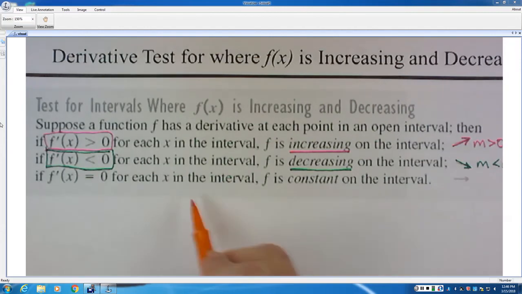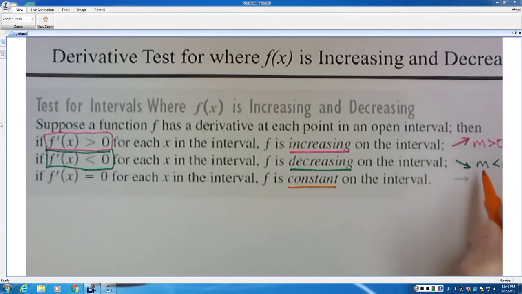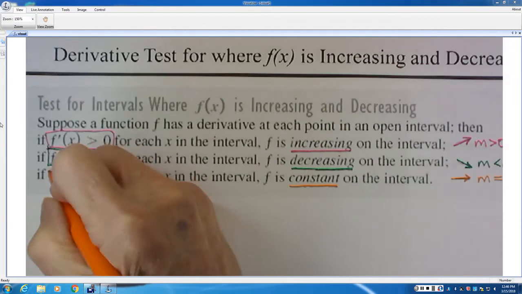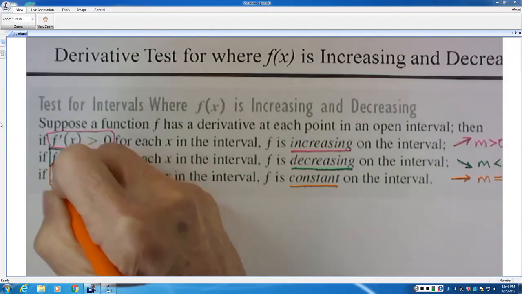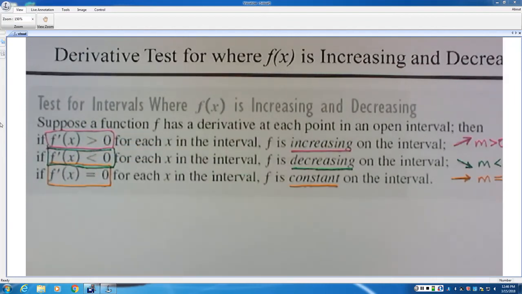And then we know when it's constant, because that's when the value of the function is just flat. It goes on with the same value for a certain length of time. In other words, when the slope is equal to 0, that means we can find that the value of the derivative is equal to 0.